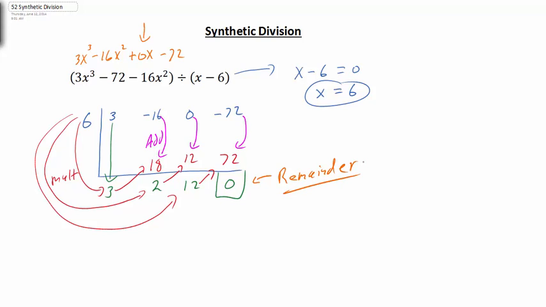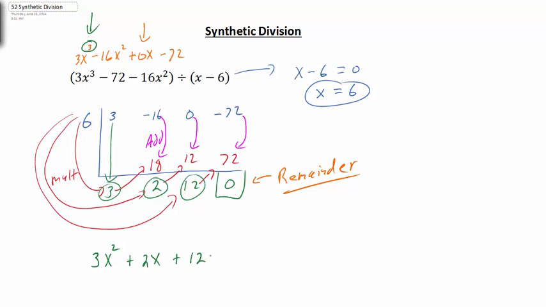Okay? Now, the 3, the 2, and the 12 here are representing our coefficients. Well, if you notice up here at the top, we had 3x cubed. Our exponent up here was a 3. So if we divide, that exponent is going to drop down 1. So down here, this 3 that we start with is going to be 3x squared, and that's because the exponent up here is going to decrease by 1. So now we have 3x squared plus our 2x, and then we just have plus 12.